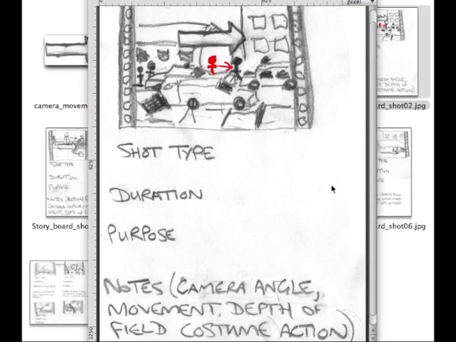The camera angle here, well, it's a tracking shot, and the movement and depth of focus, or the depth of field, might be focused just on the character, with the planes in front of and behind the character slightly out of focus.